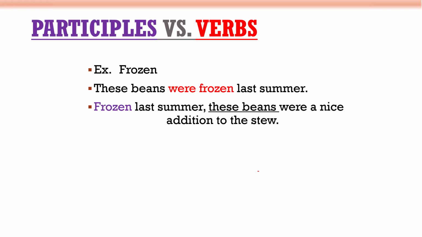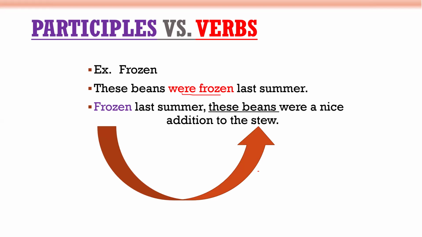So, eto dito, verb siya. Okay? The beans were frozen last summer. So, on the second example, the word frozen acts as a participle which modifies these beans. Frozen beans. Okay?